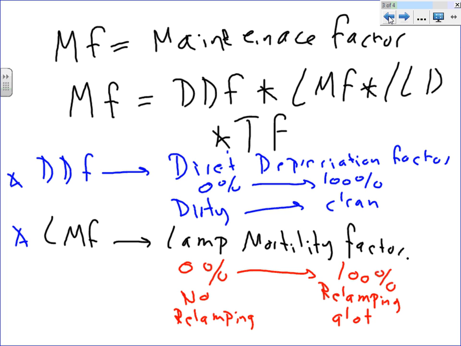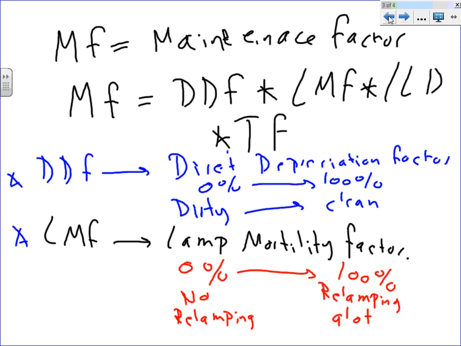Not all software lumps them together like this. Sometimes they allow you to go individually and assign these factors. But be aware that these are factors that can reduce the amount of light that's coming out of your fixture. Any question? For the test, I will give you these factors. You multiply them, you calculate MF.